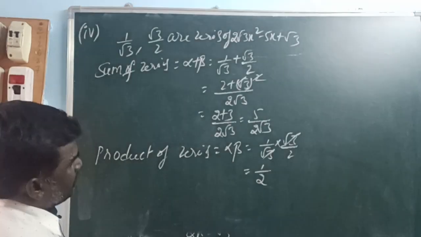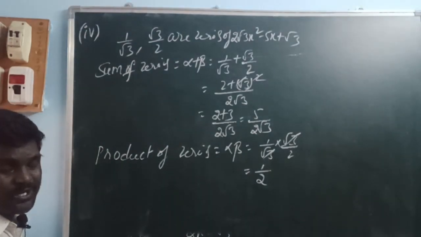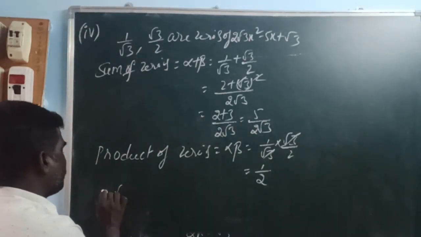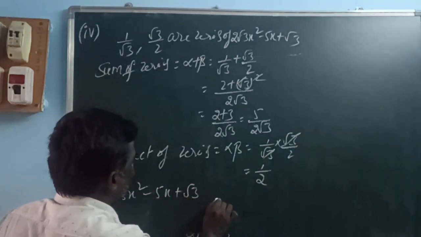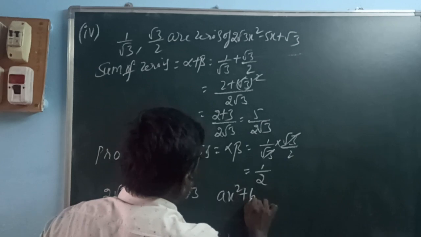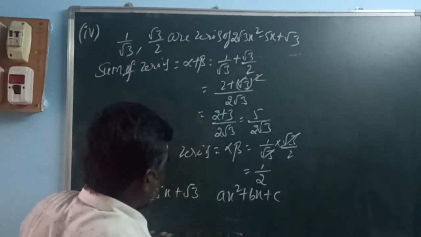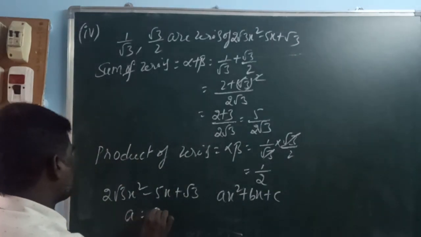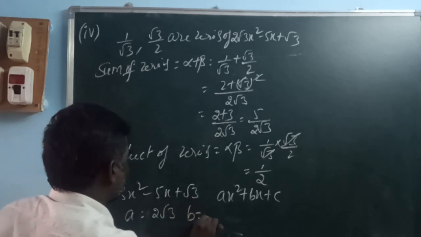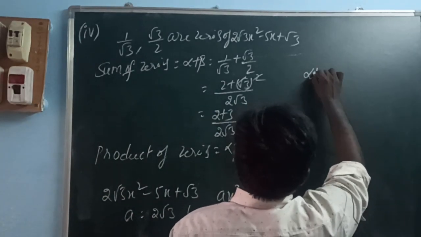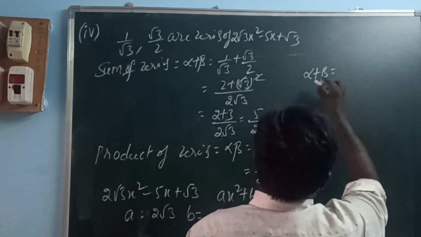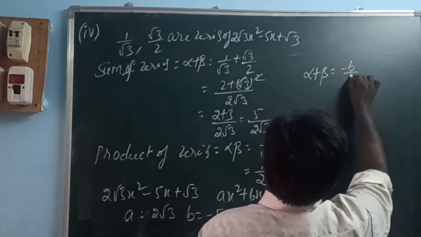So here the polynomial you can compare with ax square plus bx plus c. Here 2 root 3 x square minus 5x plus root 3, we can compare with ax square plus bx plus c. So when comparing, a is equal to 2 root 3, b is equal to minus 5, c is equal to root 3. So here the relation between zeros and coefficients: alpha plus beta is minus b by a.